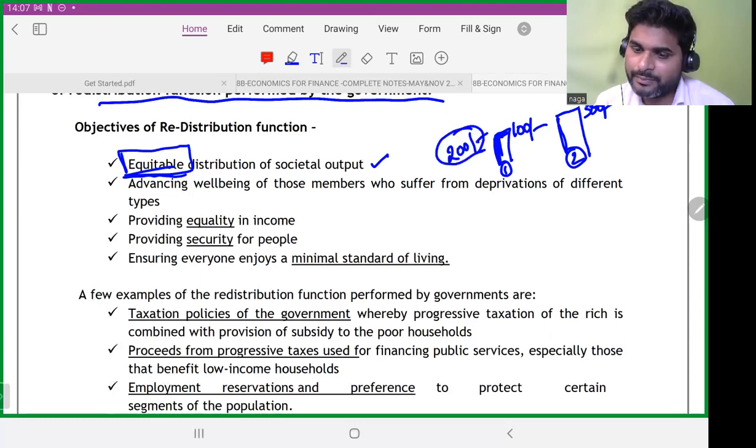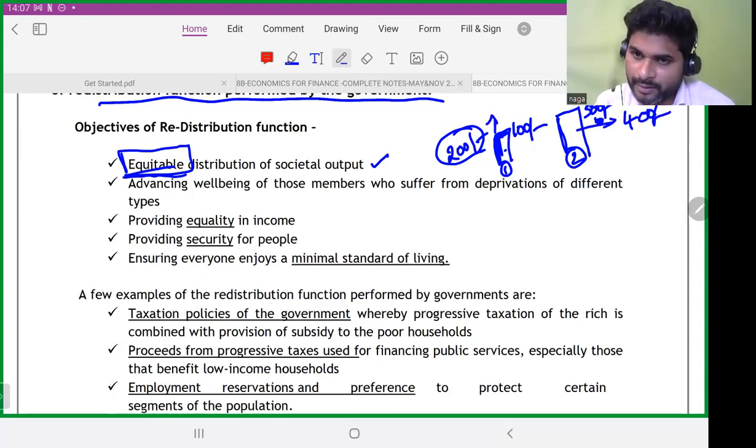Taking 100 from person 2 in the form of taxes and distributing it to person 1, what would happen? Person 2's income would be 400, and person 1's earnings would be 200.